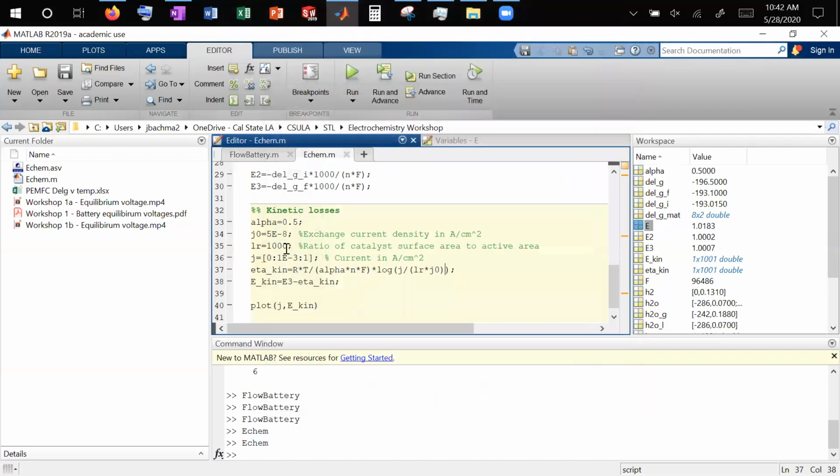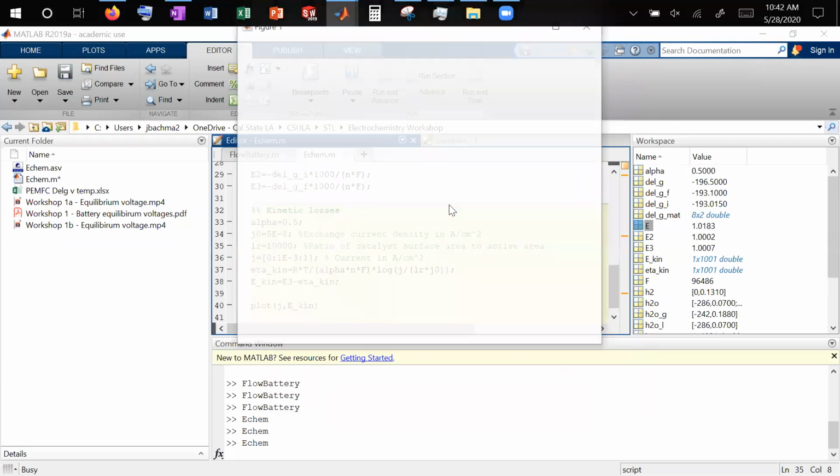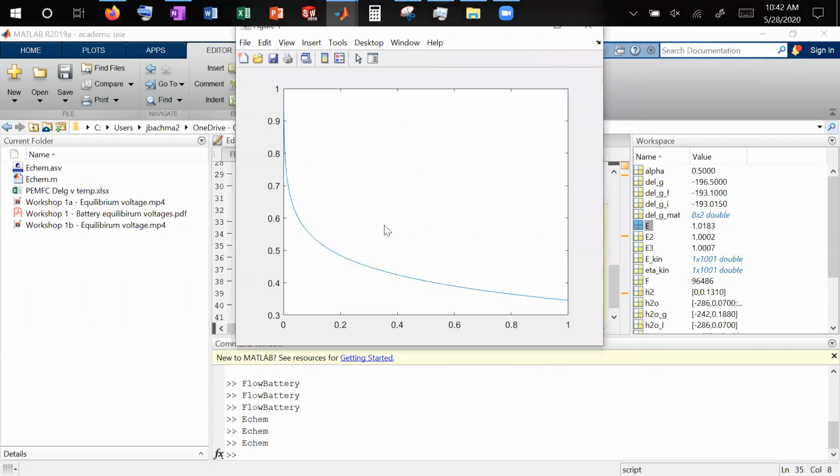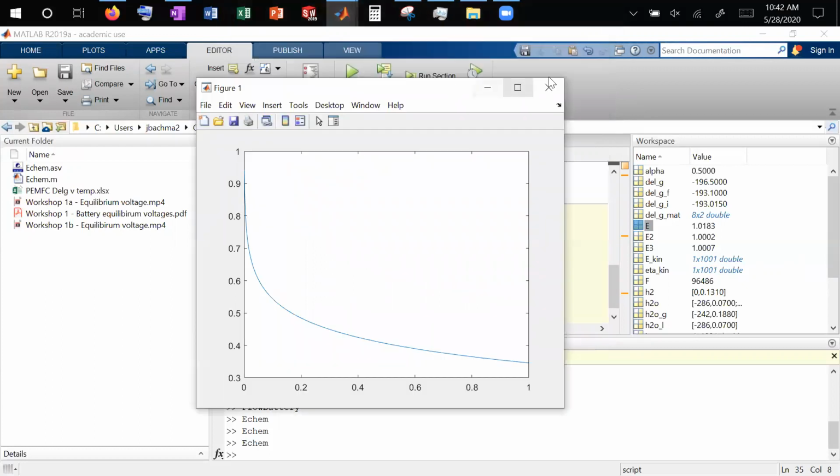So let's say if we could load it up 10,000 times. All right, so now you can see why kinetics kill your battery even at extremely low currents. This is on an amp per centimeter squared basis, and they happen right away, which makes them really annoying because they're going to kill your cell right away.